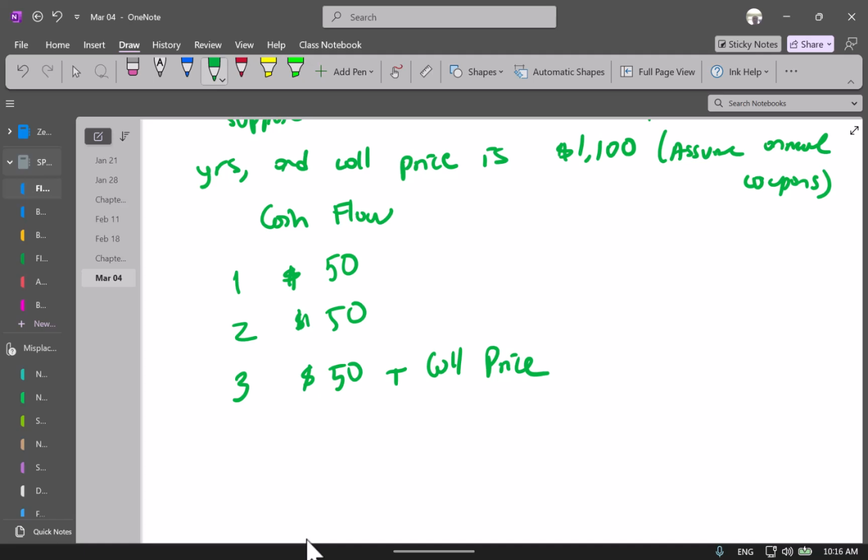You always calculate yield to call for the first available call period. So the way you would do this, and suppose this one is trading at 1,000.